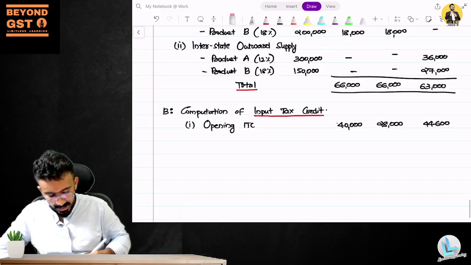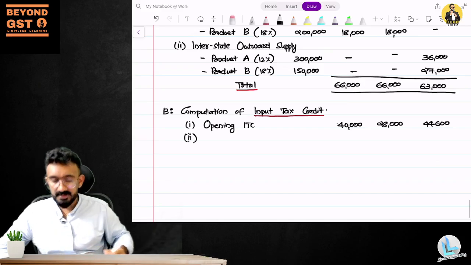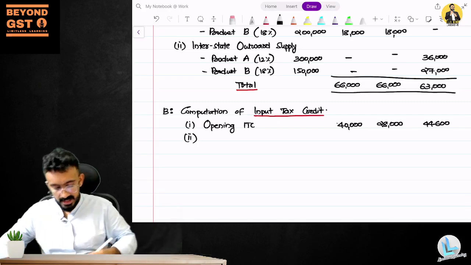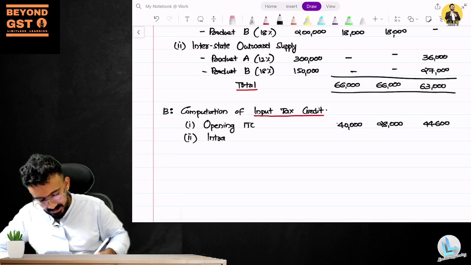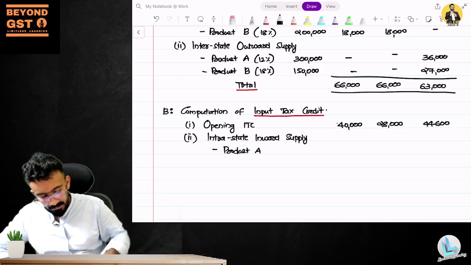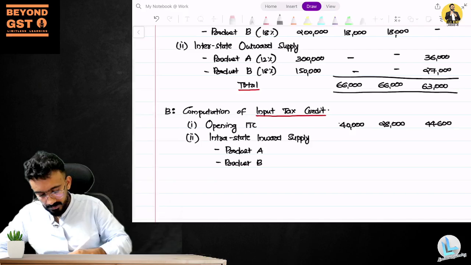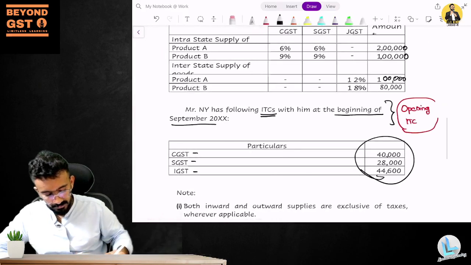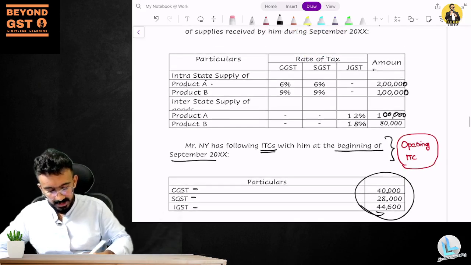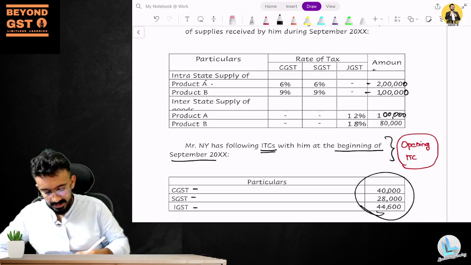Then I should look at whether I have inward supplies. Yes, I have purchases also, intrastate purchases or intrastate inward supply. Under that I have purchased product A and product B. The purchase of product A is 2 lakh, product B is 1 lakh, intrastate.